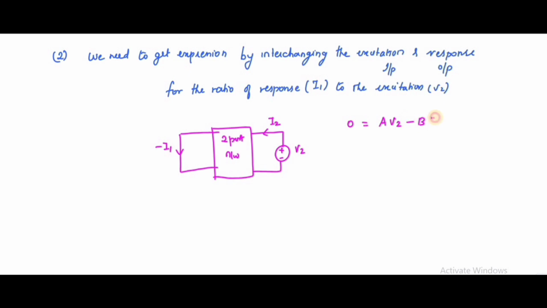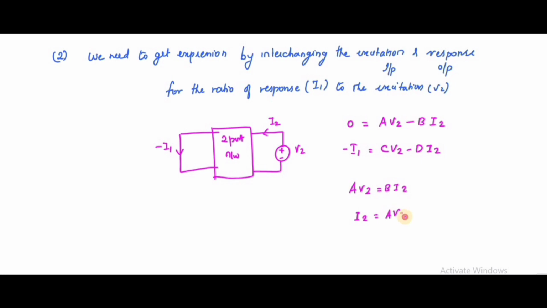Next, instead of I1, I substitute minus I1, so minus I1 equals C V2 minus D I2. So what is I2 now? I2 is equal to A V2 divided by B.